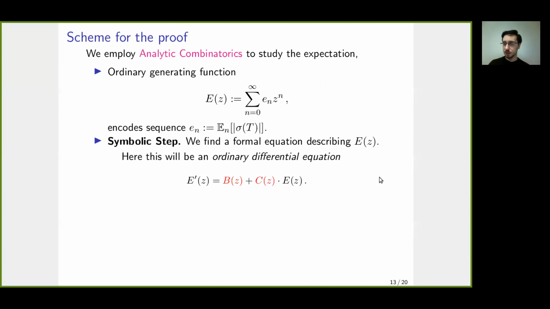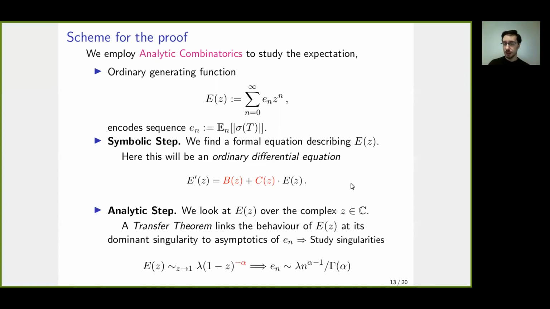And as is common in analytic combinatorics, we have two steps, the symbolic step and the analytic step. In the symbolic step, we find a formal equation which is going to describe the generating function. Here, that's going to be an ordinary differential equation. And then in the analytic step, we look at the generating function E of z and the differential equation as analytic objects.